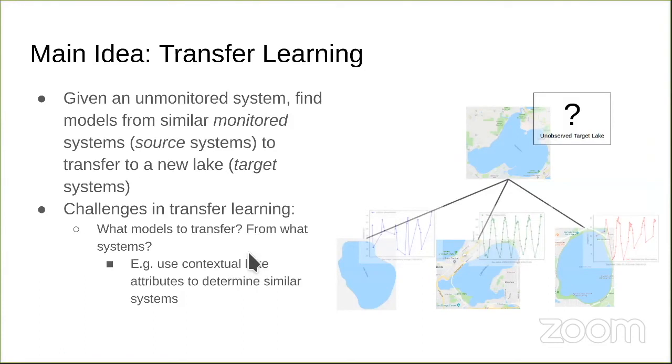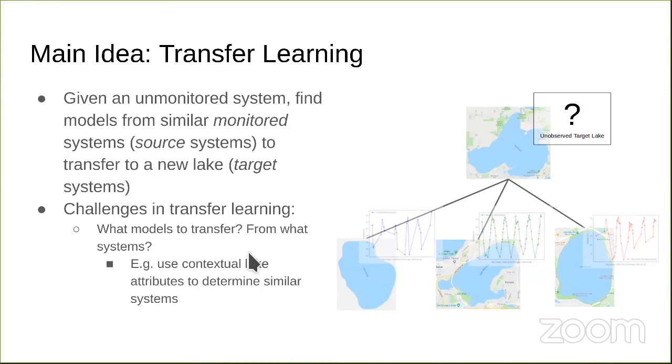So the key idea from machine learning that's important for tasks like these is known as transfer learning. In this case, given an unmonitored lake system, we would want to find models from similar well-monitored systems, which we'll call source systems. And we aim to transfer these to a new lake that might not have any observations, and we'll call this the target system.